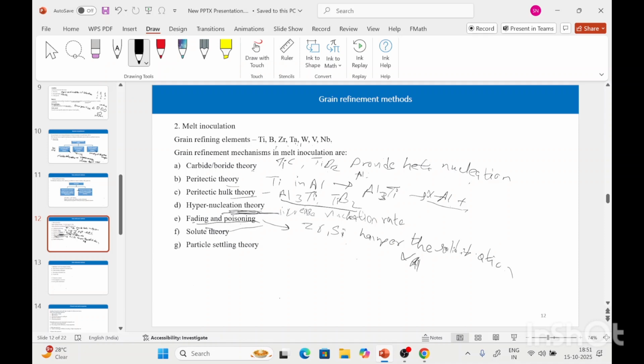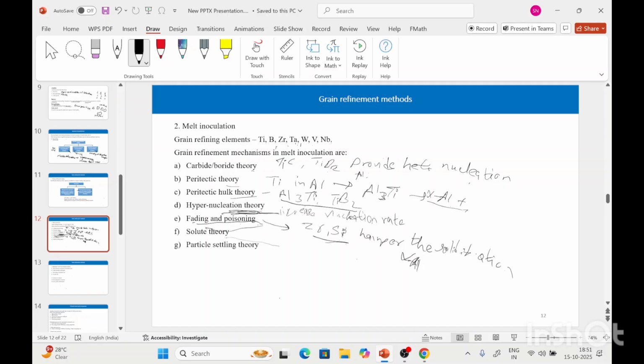By avoiding the sequential growth of the alpha aluminium, some microstructure changes occur because of this zirconium silicon. So the nucleation is decreasing if only zirconium and silicon are present. That is called fading and poisoning.